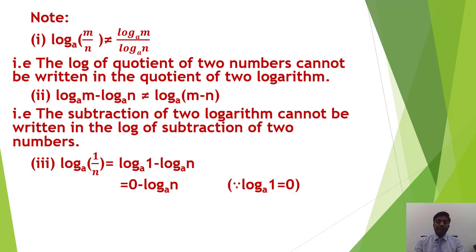So we replace the value of log 1 to the base a with 0. Then we have minus log n to the base a. Log 1 over n to the base a is equal to minus log n to the base a.